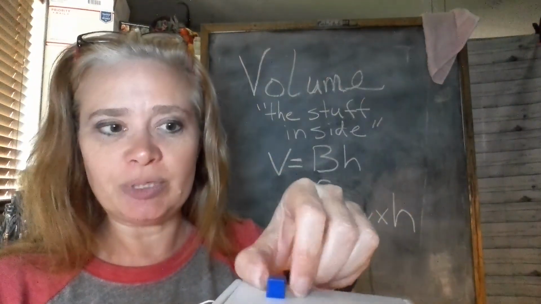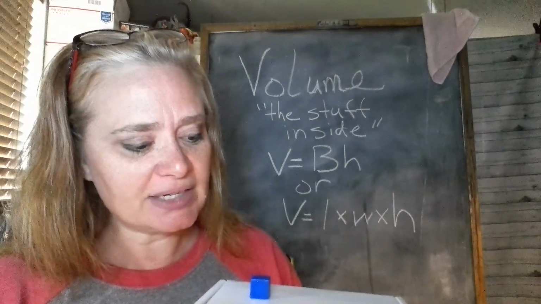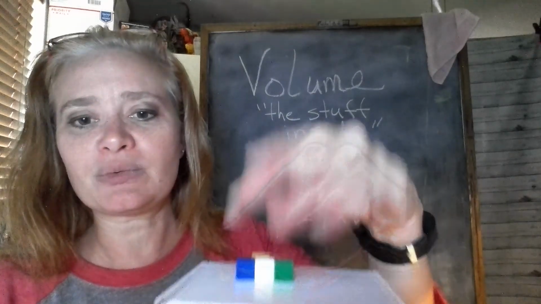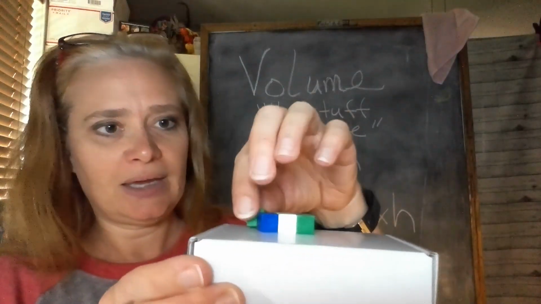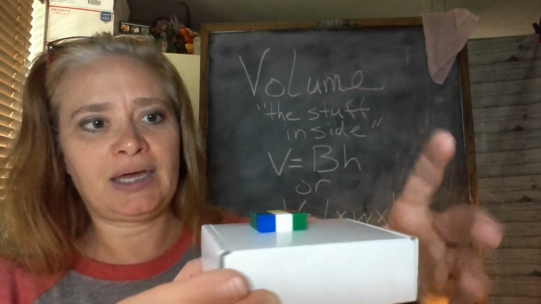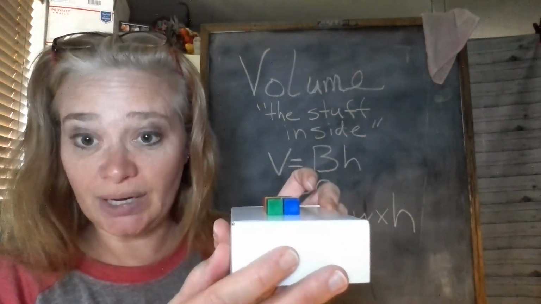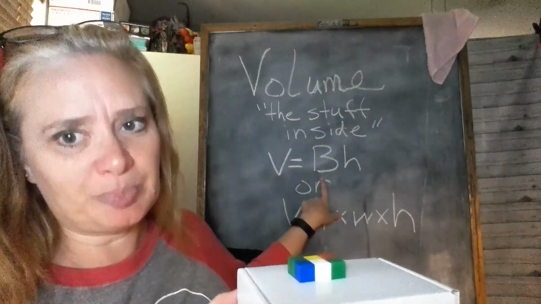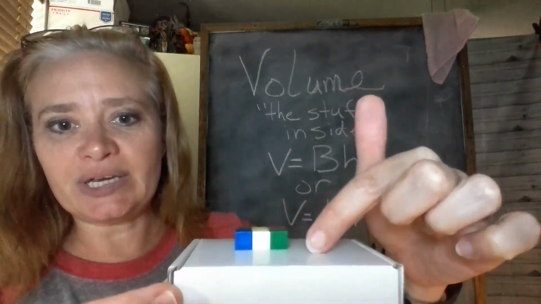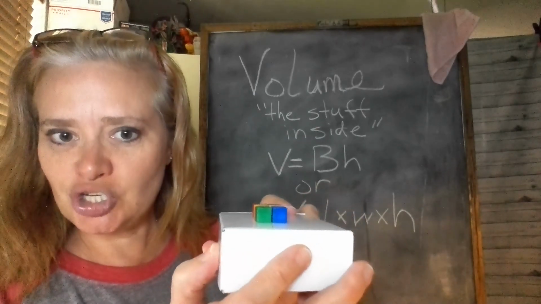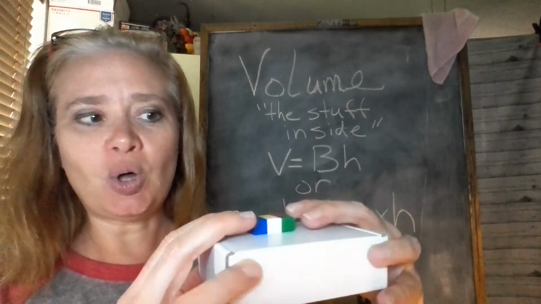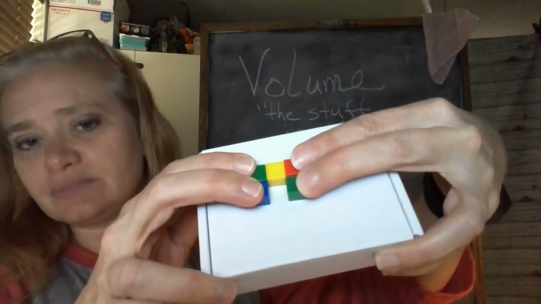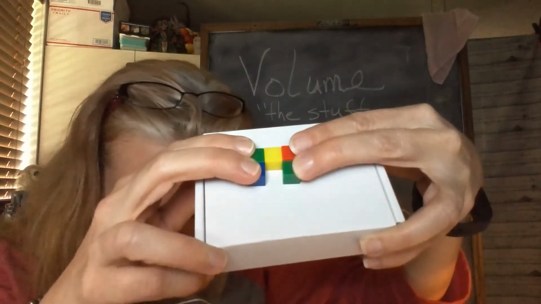I've got 1 cube. So if I add to that, now I am 3 cubes long and 2 cubes wide, then the area of my base, or my big B, is going to be 3 times 2, which means the whole bottom of my shape has a total of 6 cubes, minus the one I just dropped on the floor.